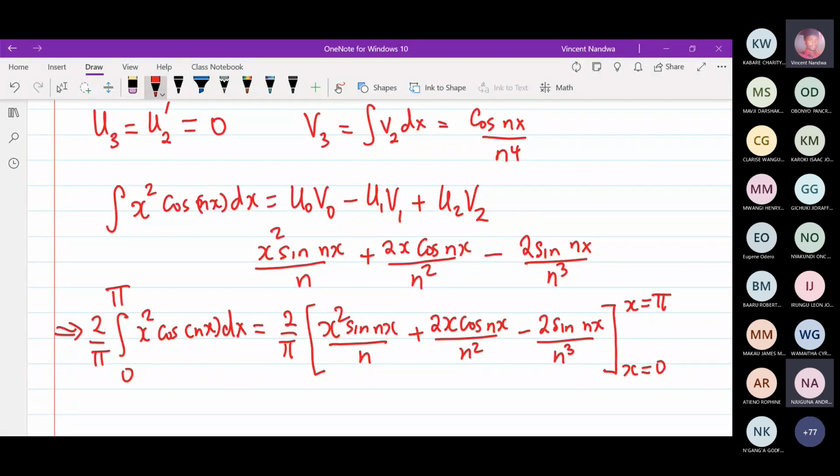What will be the value of the lower limit? Zero. It will be 0, because where there's x, when you put 0, everything will be 0.